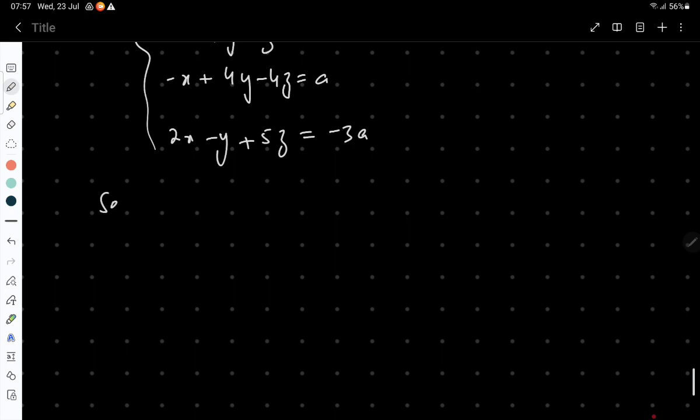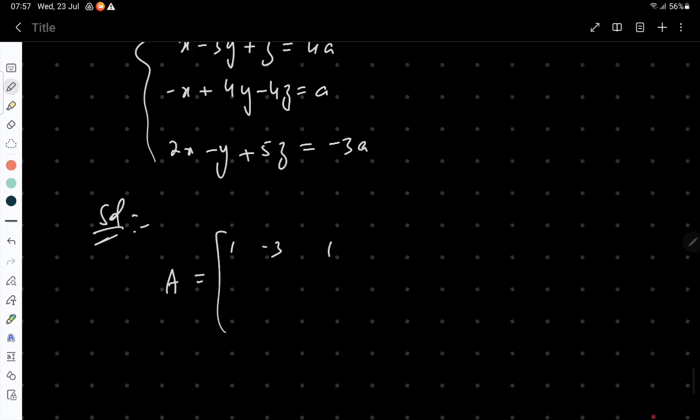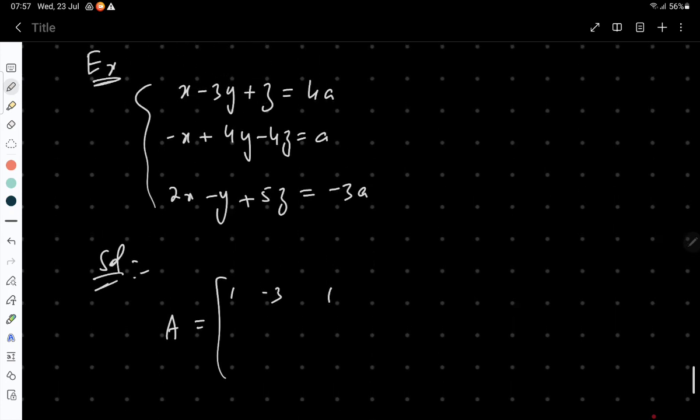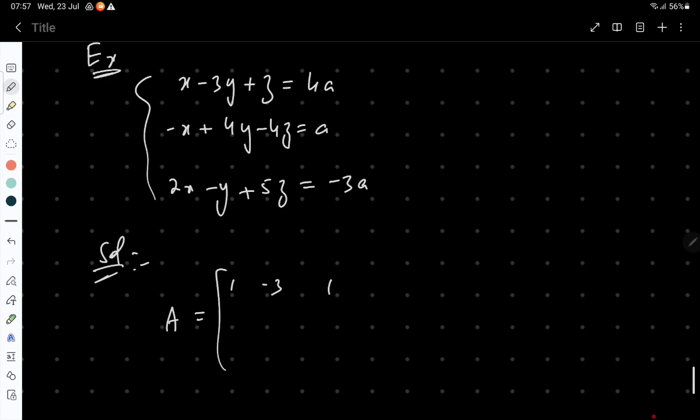So what is the coefficient matrix here? The coefficient matrix is 1 minus 3 1. You can check from here. Minus 1 4 minus 4, 2 minus 1 5.